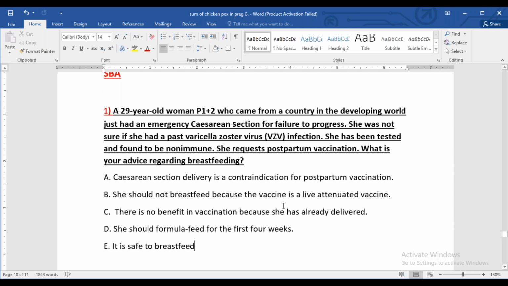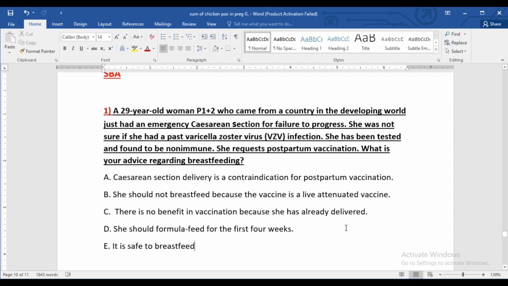And they stated also, if the patient has a varicella infection but she doesn't have an active lesion near the breast or the nipple area, she can breastfeed. If she has lesions near this area, she should express her milk and give it to the baby.